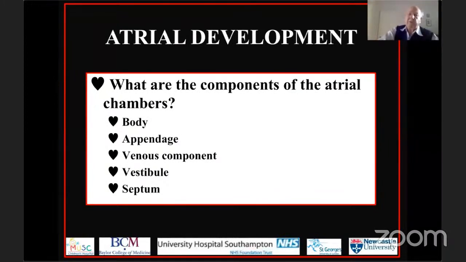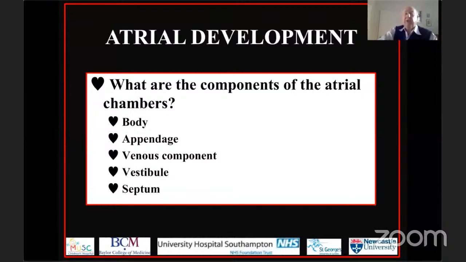Now, if we want to know where the different parts of the atrial chambers come from, we first have to establish how many parts there are in the developing atrial chambers. As you see, I've emphasized 5. One of these may be new to you, but it's particularly important. It's the part I'm going to call the body, and as I will show you, that is the initial part of the developing atrial chambers.